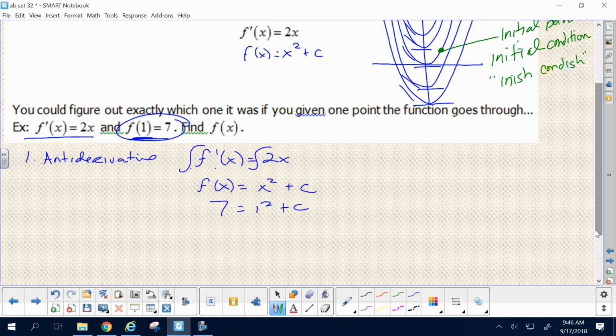And with that, then, it implies that c must have been 6. If it's going to pass through 1, 7, the original function must have been x squared plus 6. That has a derivative of 2x, and it passes through 1, 7. You with me? All right.